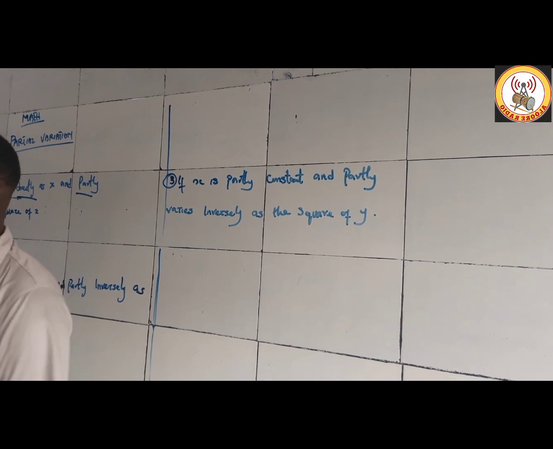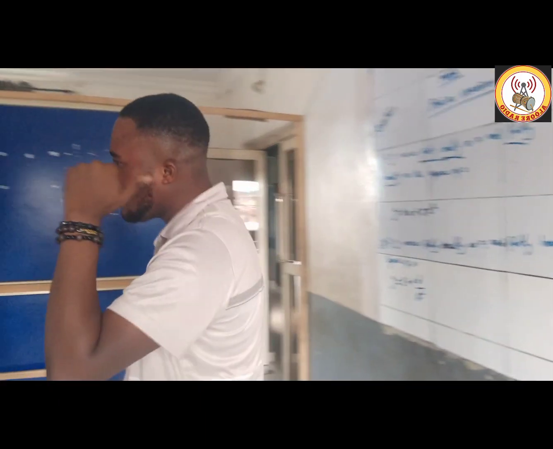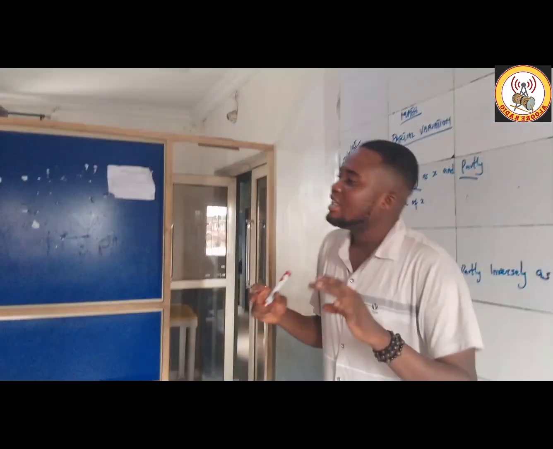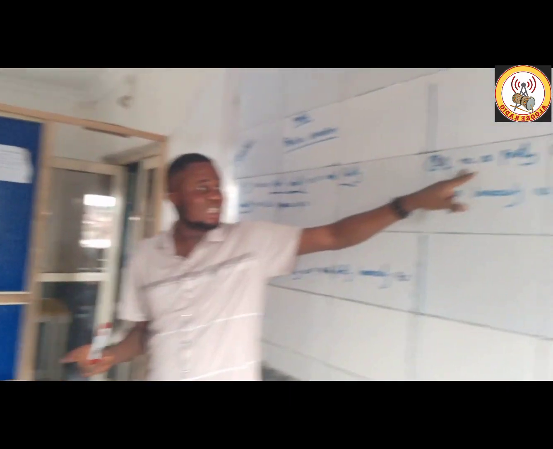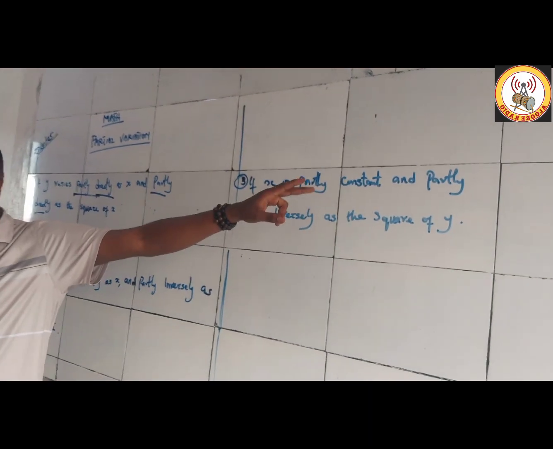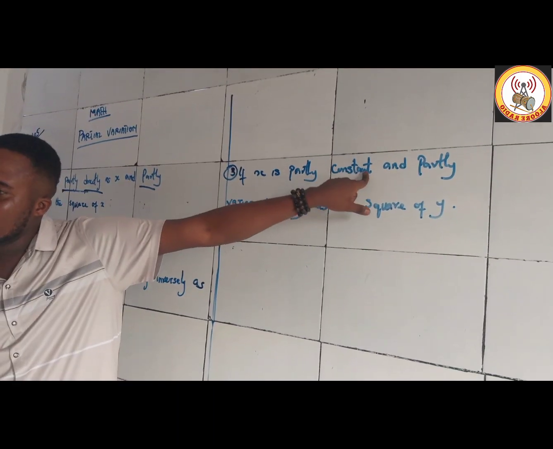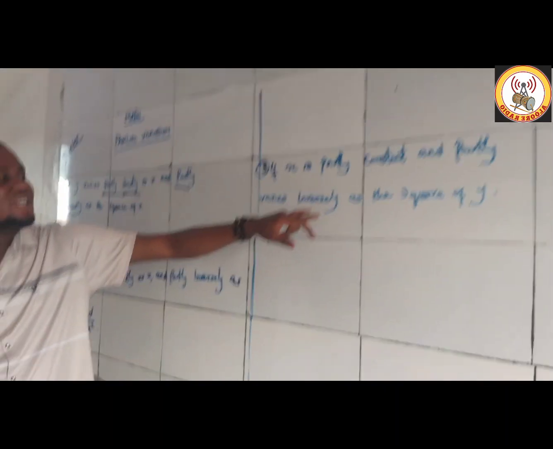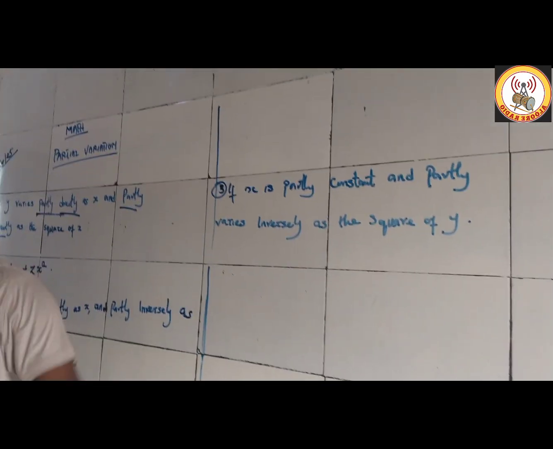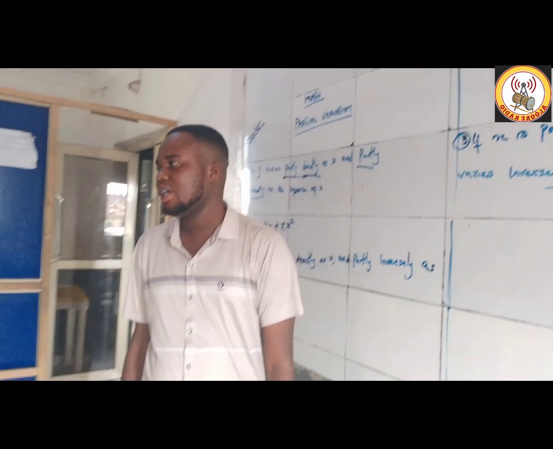They are saying there's no relationship between that first X and any variable. That means X is on its own; it doesn't have any relationship with any variable. And the second one is partly inversely as the square of Y. Let's do that.